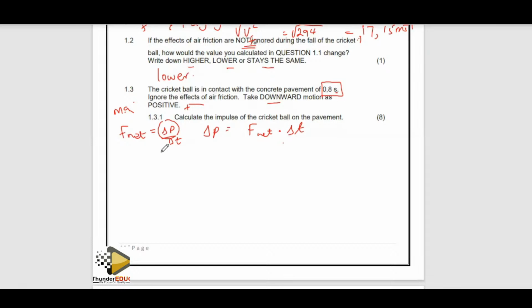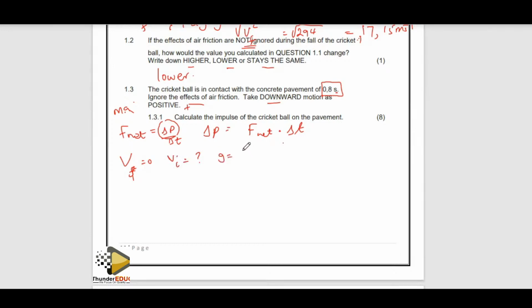So our final velocity is going to be assumed to be 0, as soon as this ball strikes the ground and then takes some time. Initial velocity, I don't know that.